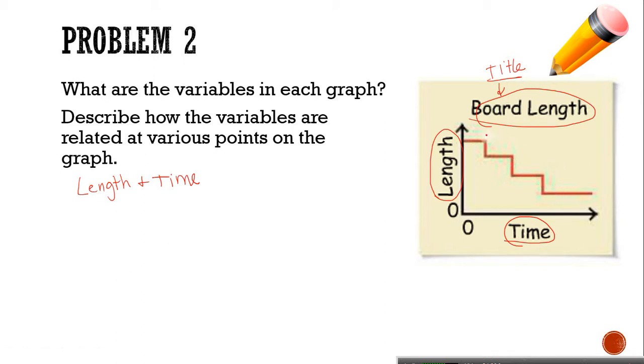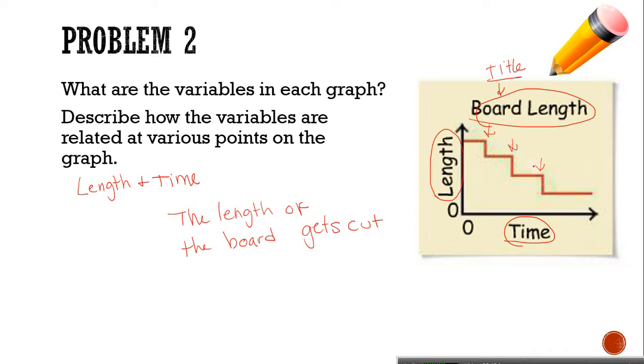It looks like at these points right here, where I'm putting my arrows, something happens to my board. Most likely it's getting cut or sawed off. So what I could say is, the length of the board gets cut.